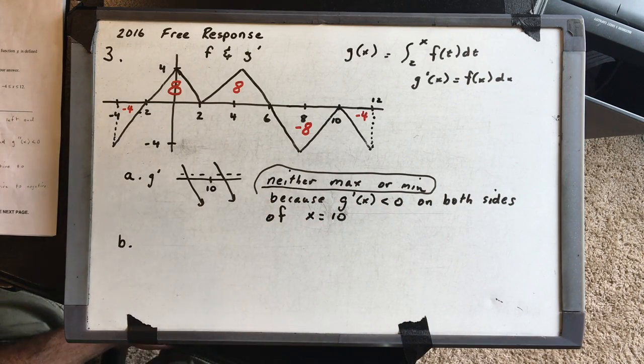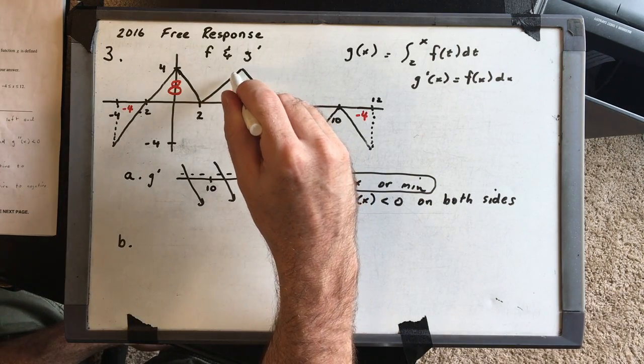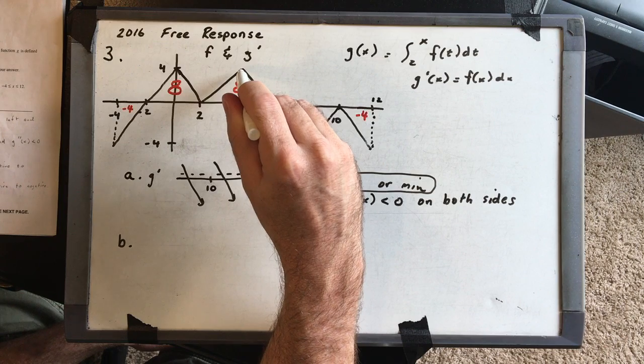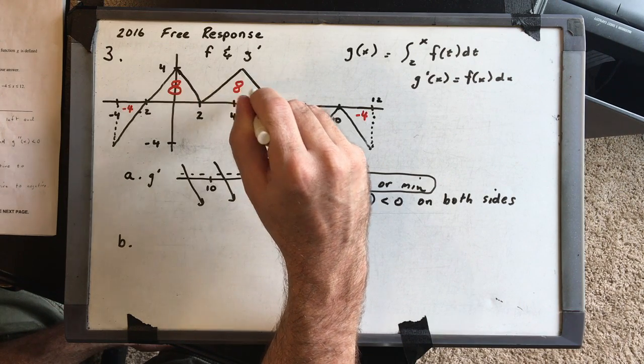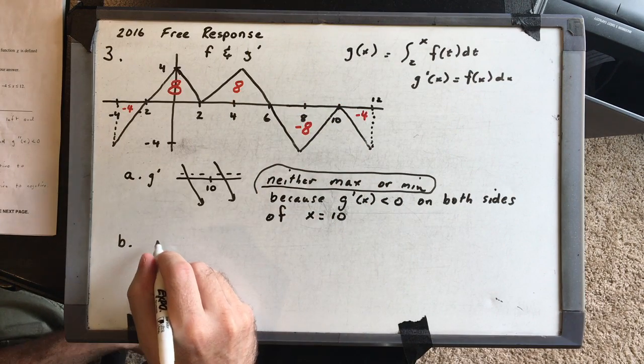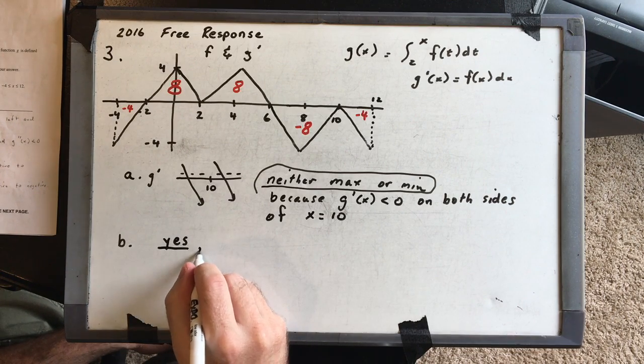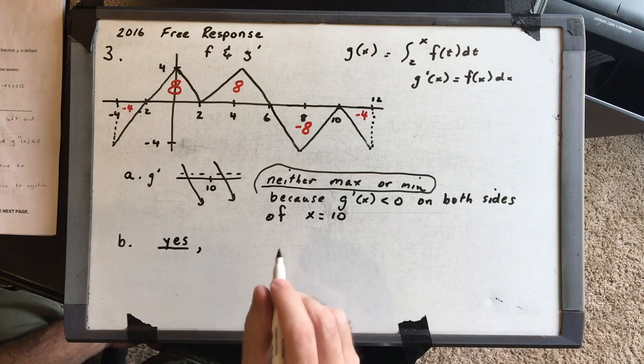Part B says, does the graph of g have a point of inflection at x equals 4? Justify your answer. Well, here's x equals 4, and you can see the derivative has a positive slope to the left of 4 and a negative slope to the right of 4. So we do have a point of inflection at x equals 4, so yes.